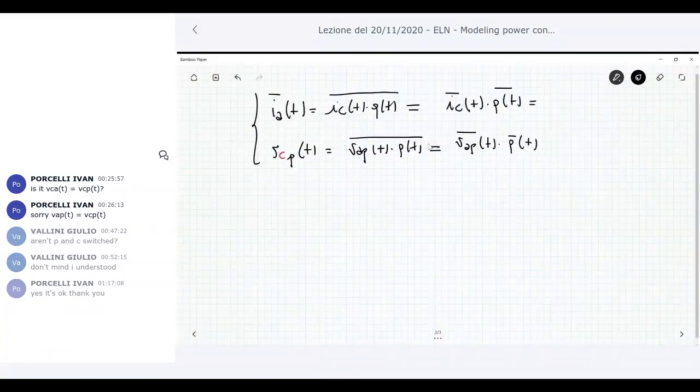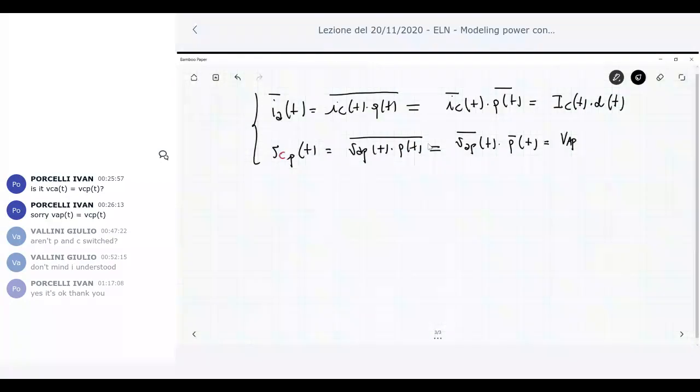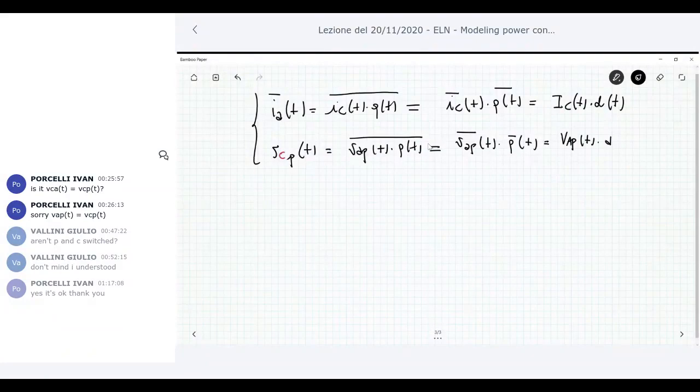If this is true, I can say that this is IC capital letter, even if this is variable, so it's an average value, multiplied by the duty cycle, and this is VAP, multiplied by the duty cycle. Okay?